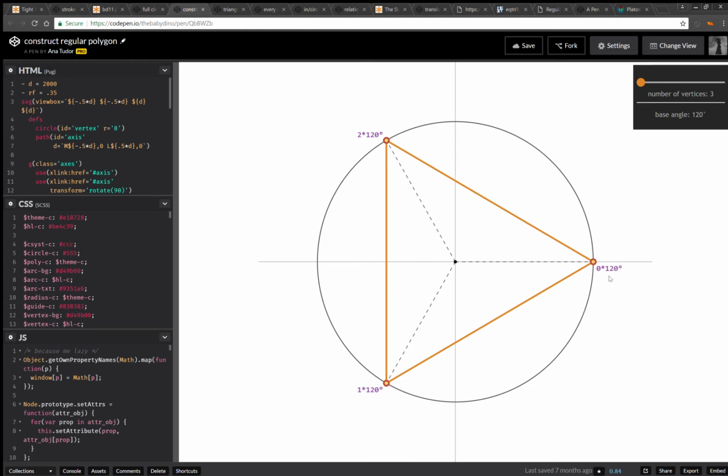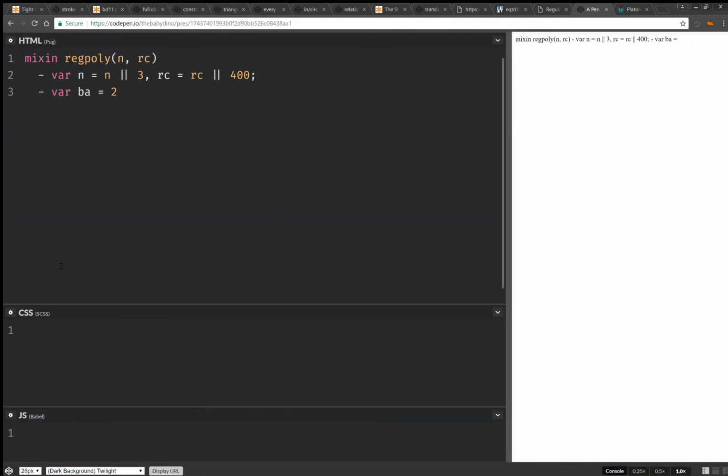So since we have 360 degrees around the circle, for a polygon with n edges, we're going to have an angle corresponding to this edge that's 360 over the number of edges. So 360, it's 2 pi over n.